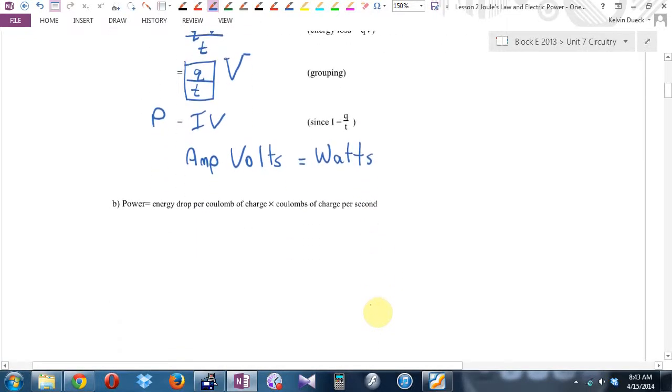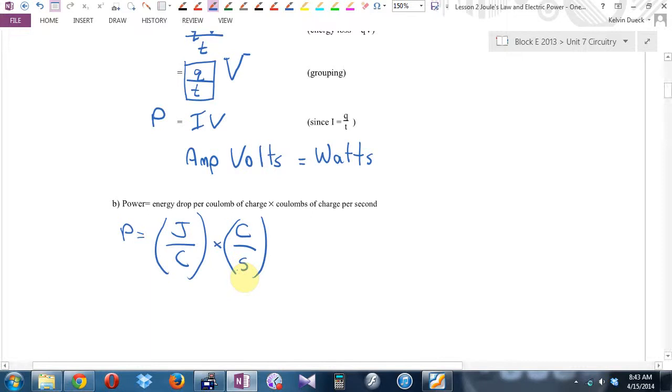So power is energy drop per coulomb of charge times coulombs of charge per second. Remember, we said that volts was joules per coulomb, and we said that amps was coulombs per second, because it's charge divided by time.